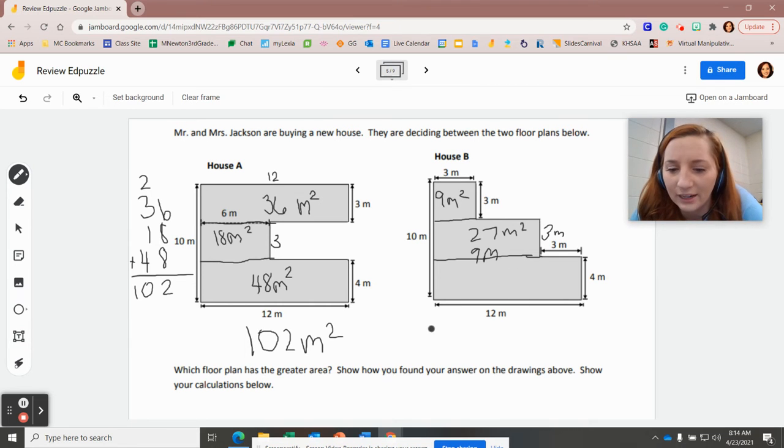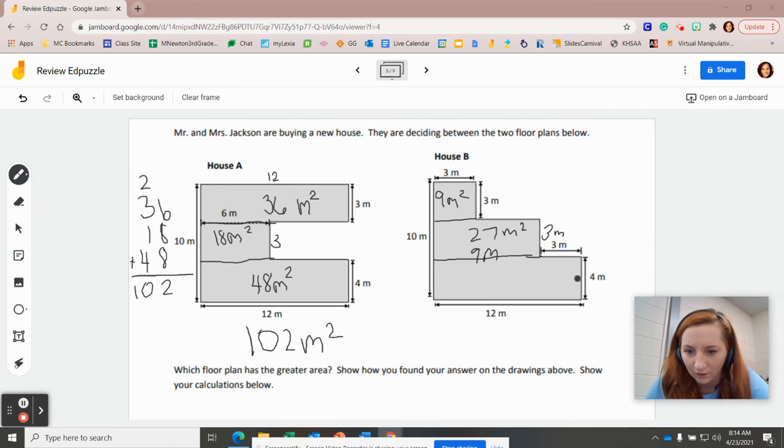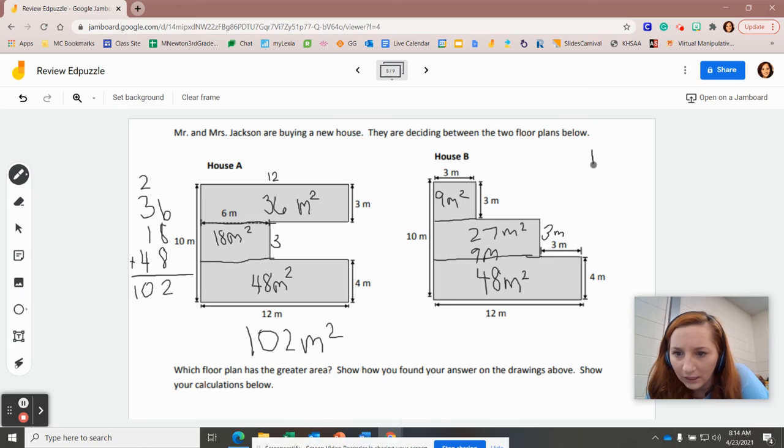Okay, now your bottom rectangle is left, and it's really easy to solve because it already has the numbers there. This side's a 4. Okay, that's your length. And then your width is 12. So 12 times 4, we just found out, is 48. So now we got to add all these together to see if it's going to be greater than or less than 102. So 9 plus 27 plus 48.